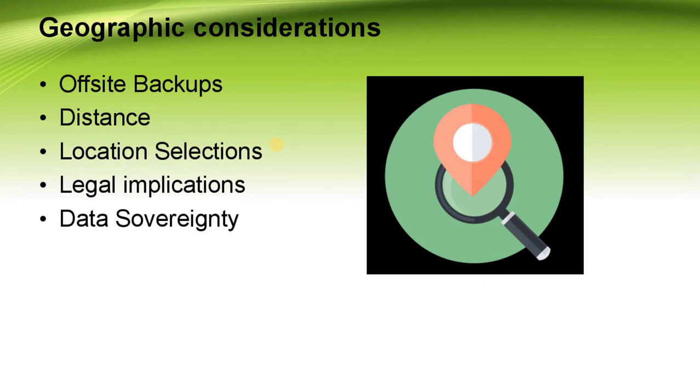Legal implications. With regard to location selections, if you are considering cloud storage for your backup, you must take into consideration the legal implications of where the data would actually be stored. Different jurisdictions have different laws, rules, and regulations concerning core tools such as encryption, and understanding how these affect data backup storage plans is critical to prevent downstream problems.